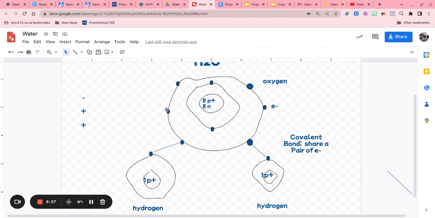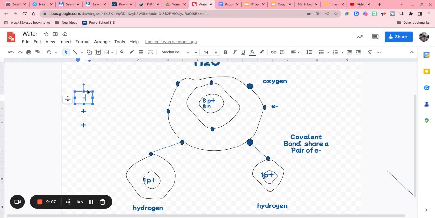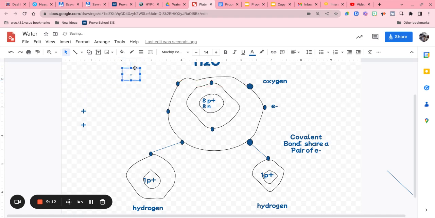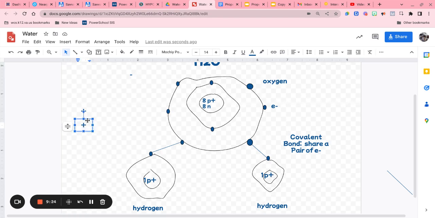Now, last thing here is the reason why water has so many unique properties. If you look at the oxygen, and I'm looking at its charges here, I see a bunch of negative. So this side of the water molecule is considered to be slightly negative. Now, if you look at the hydrogen end, there aren't any electrons that we encounter. The first charge we encounter are the positive protons. So this end is slightly positive.